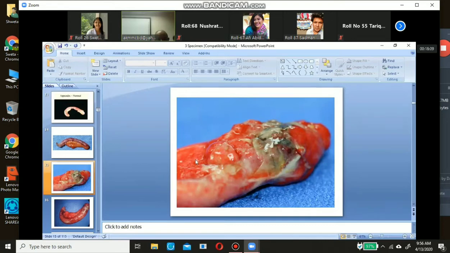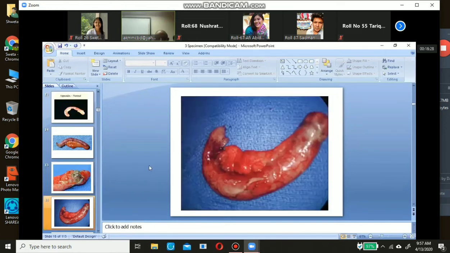You know, in acute appendicitis, usually the involvement is in two areas, either in the base of the appendix or in the tip of the appendix. Usually, here the involvement is at the tip of the appendix. You look at the base and you see the tip.